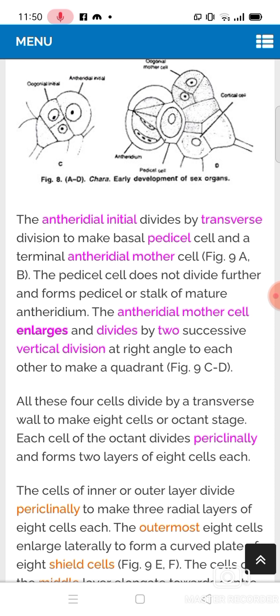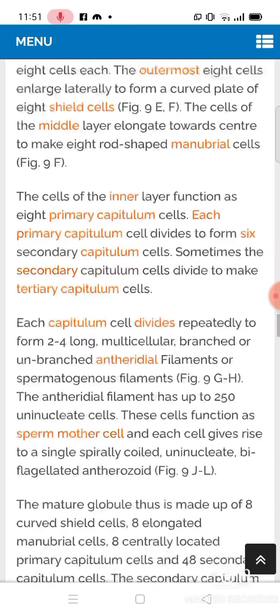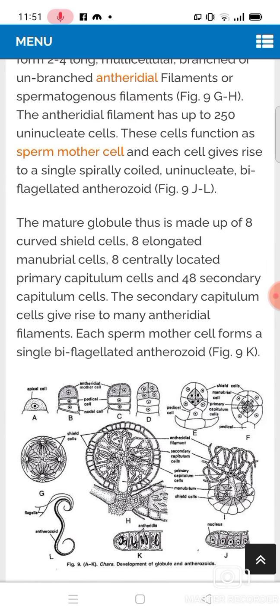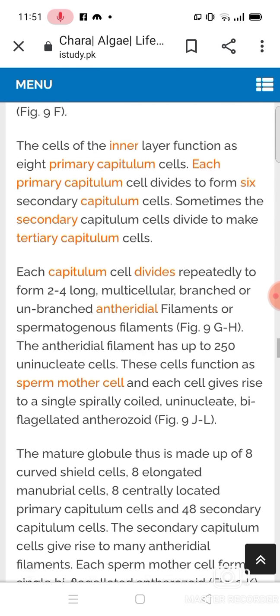So the antheridial initial divides by the transverse division. Transverse divisions are vertical divisions to make the basal cell and a terminal antheridial mother cell. In figure 9a, you can see the apical cell, the uppermost cell, it divides periclinally and forms the antheridial initial and pedicel cell.